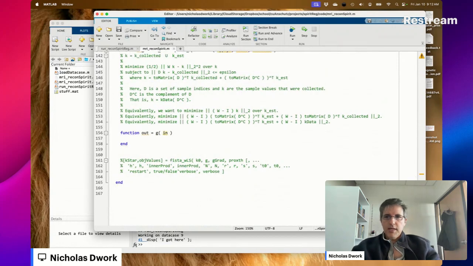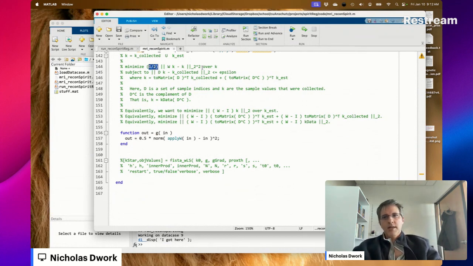So now G is out equals 0.5 times the norm of apply W to N minus N, squared. Now, why do we multiply by this half here?